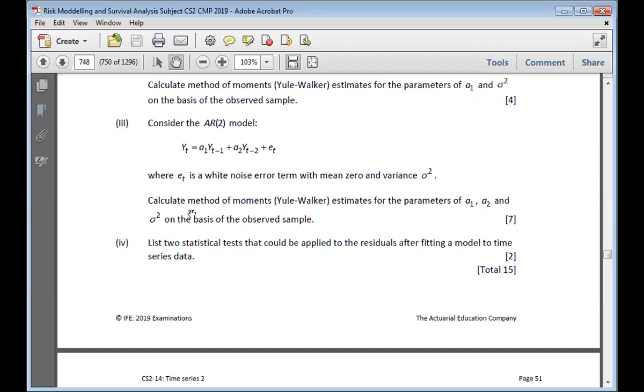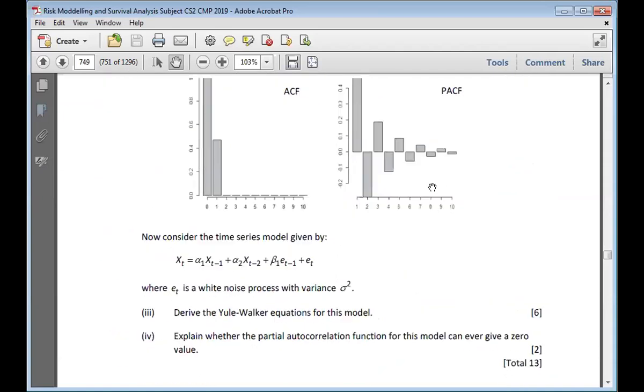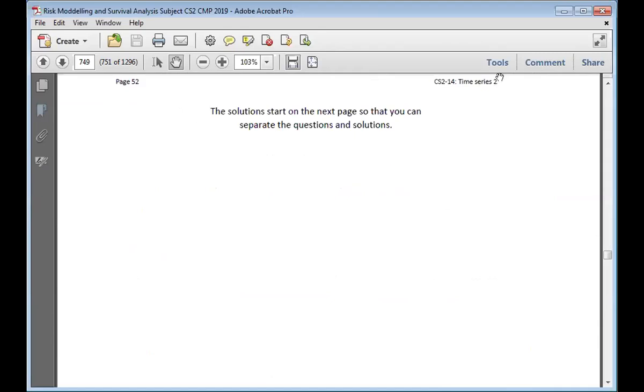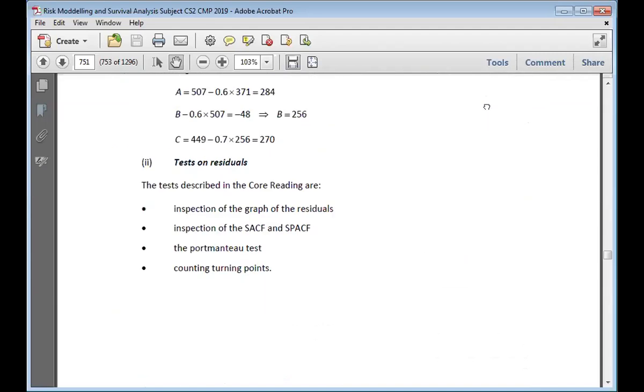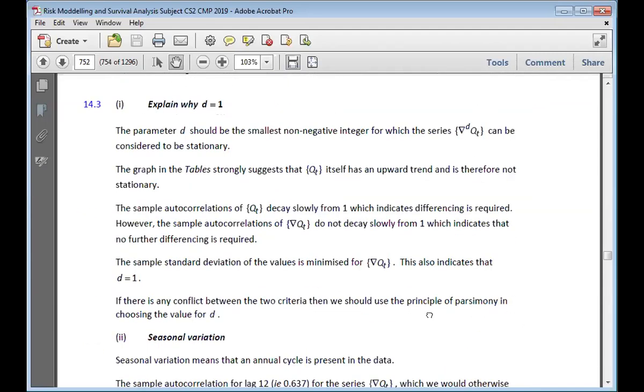Okay, so maybe what I can do is, instead of solving, I can just walk you through this solution. And you can actually solve it by yourself as well. But just in case.